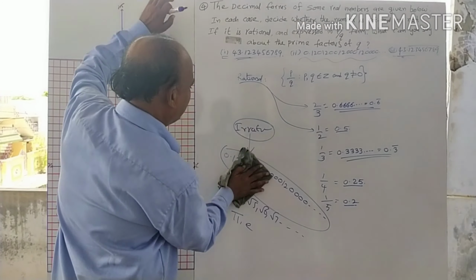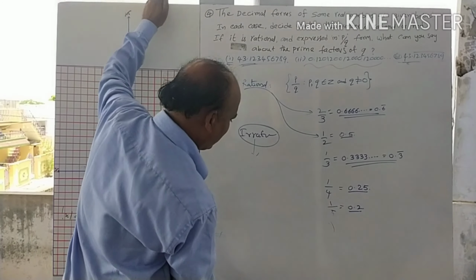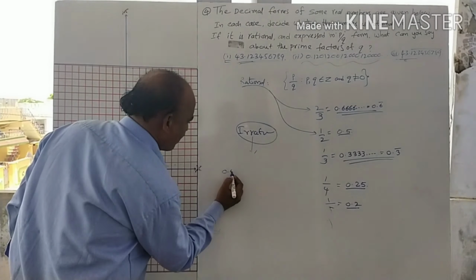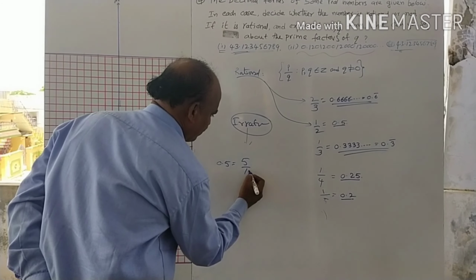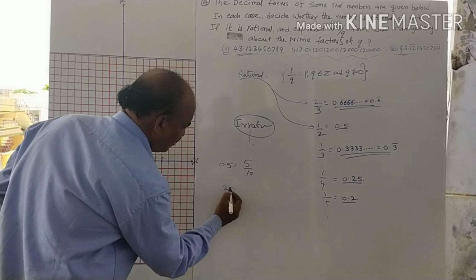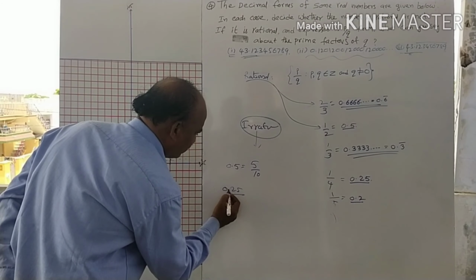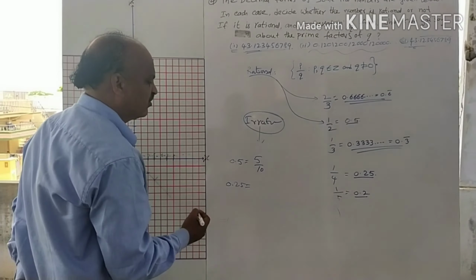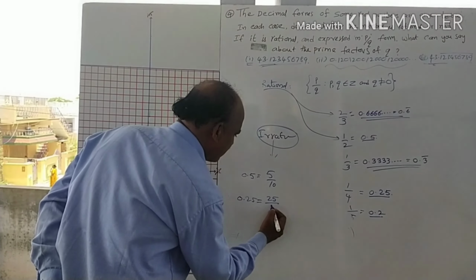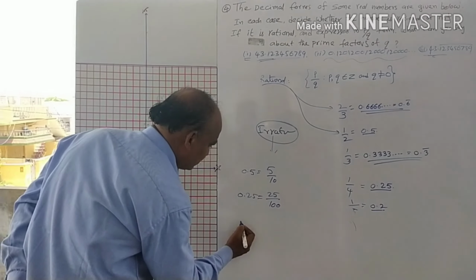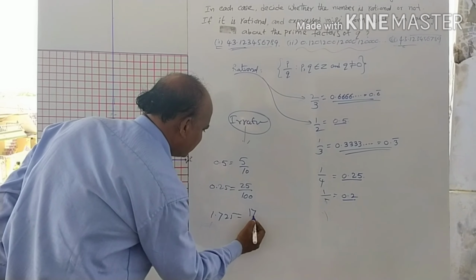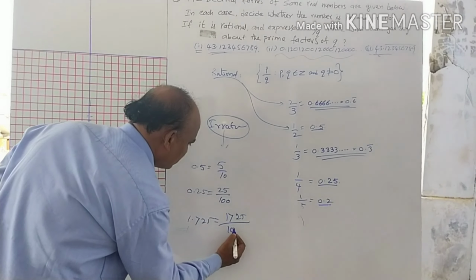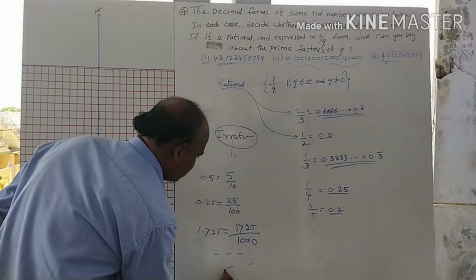Any rational number in decimal form, take for example 0.5. In p by q form it is 5 by 10. 0.25 in p by q form is 25 by 100. 1.725 is 1725 by 1000 and so on.